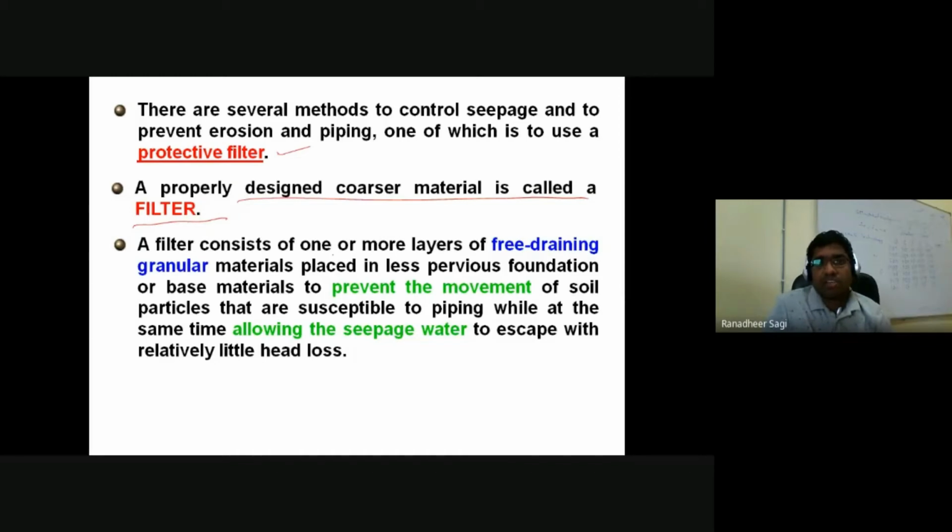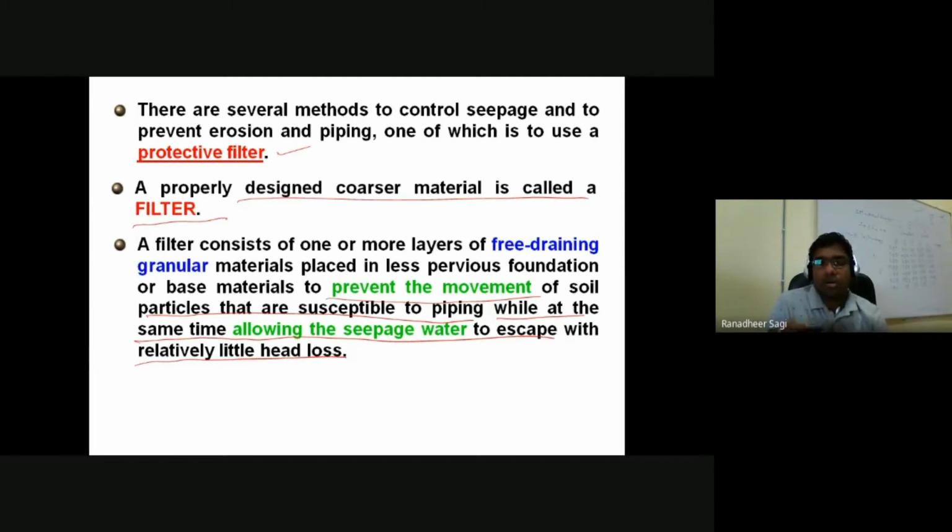A filter consists of one or more layers of free draining granular materials placed in less permeable foundation or base materials to prevent the movement of soil particles that are susceptible to piping, while at the same time allowing the seepage water to escape with relatively little head loss.